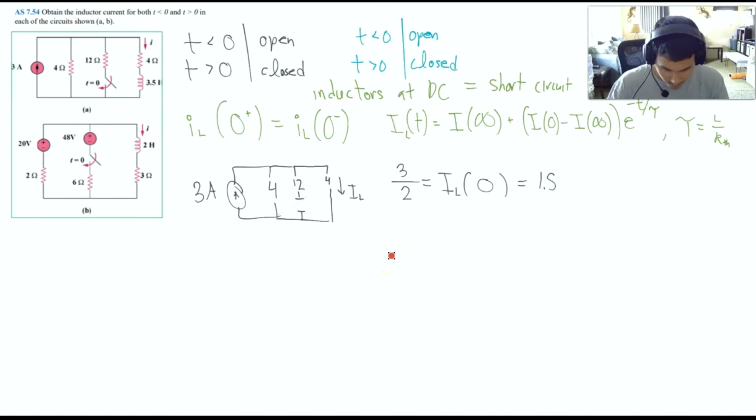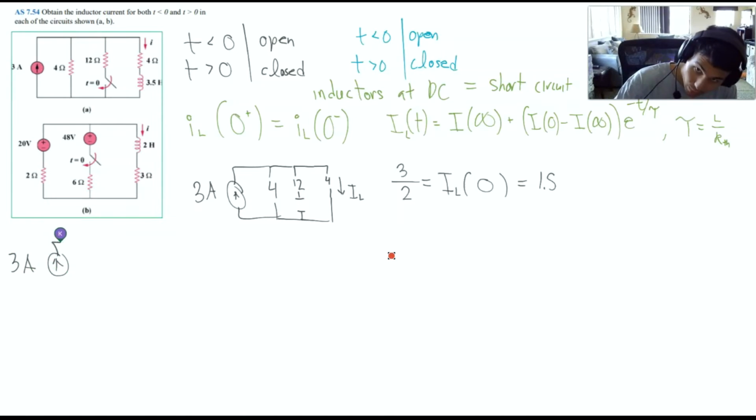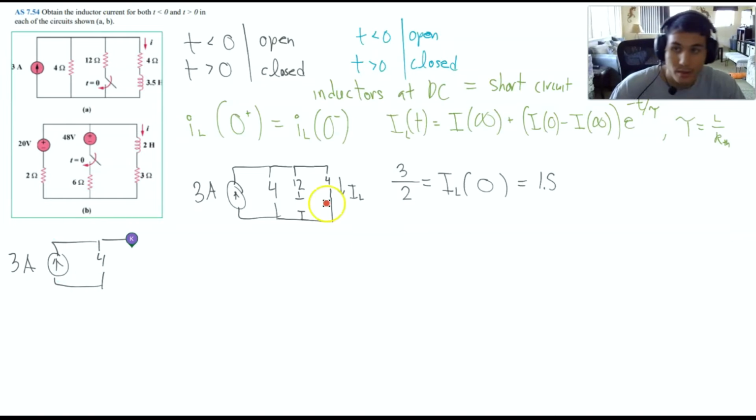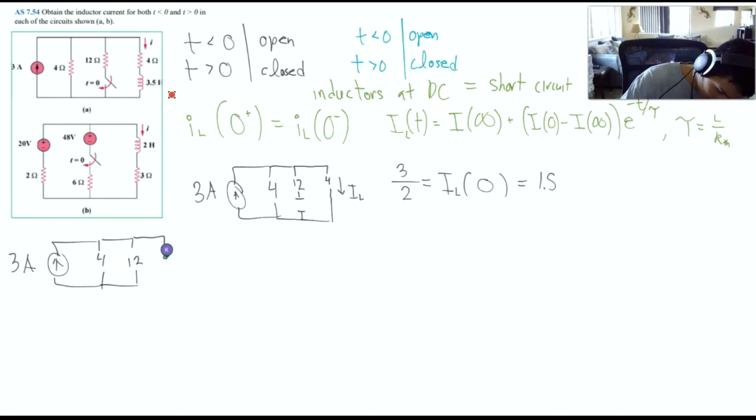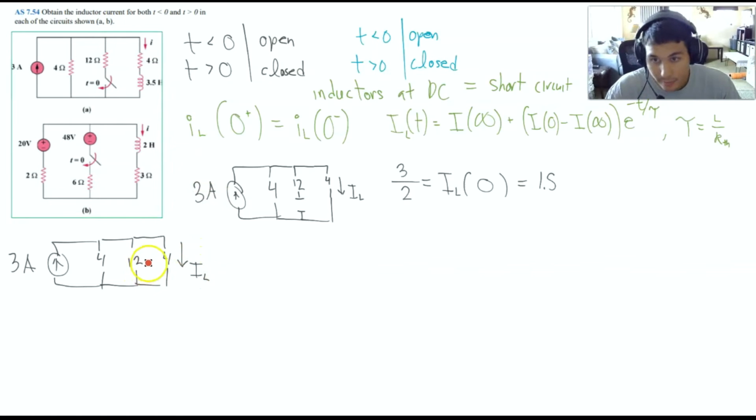So let's quickly draw the same circuit. So 3 amps. And it goes what? It goes 4 ohms. Okay, now since this is closed, there will be some more information we have to deal with. Remember, IL goes down the third route. Okay, so we're only concerned about IL, right?